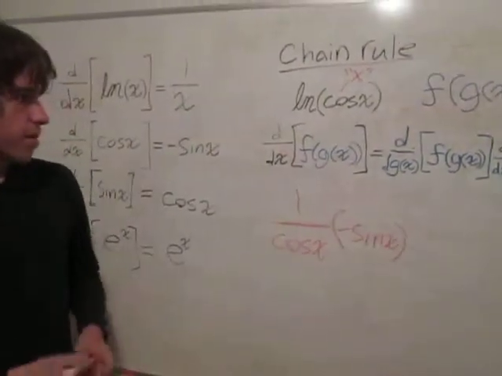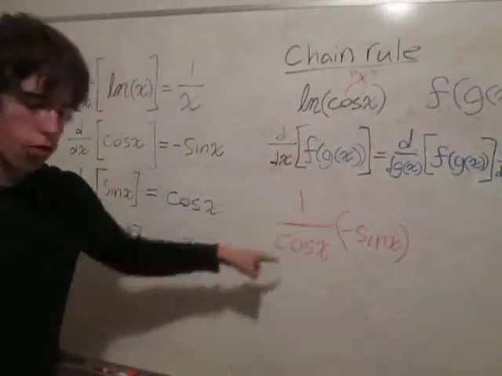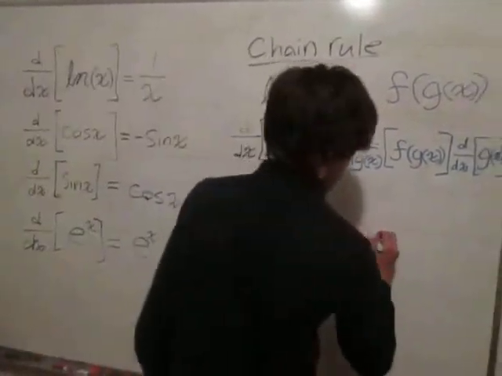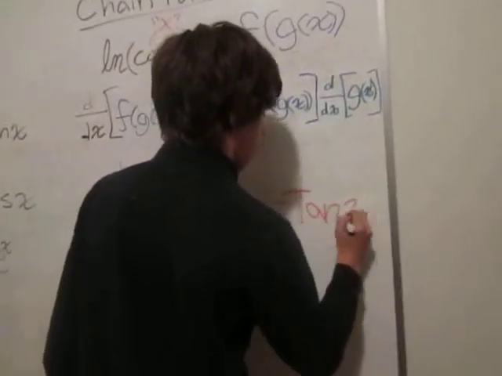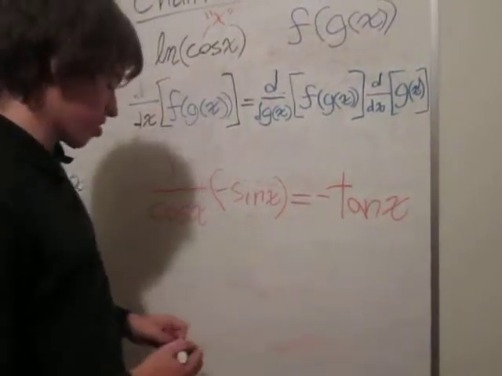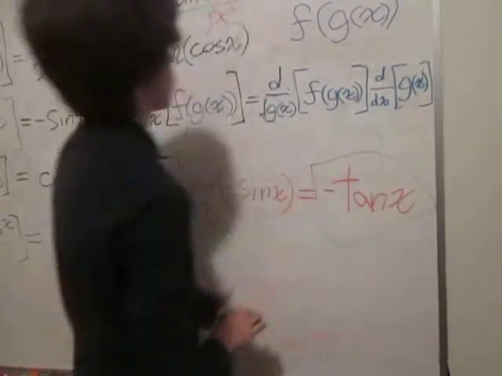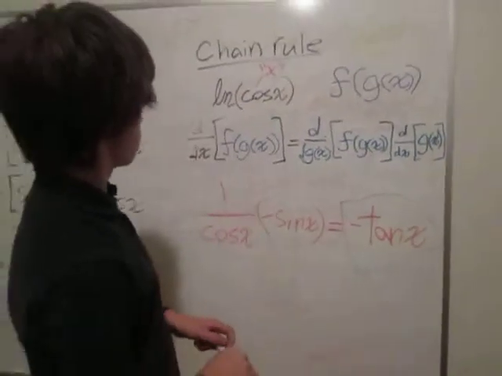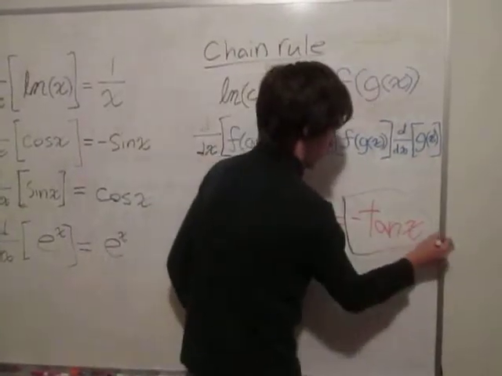And this can be evaluated easily, right? This is negative sine of x over cosine of x is equal to the negative tangent of x, or if x is an angle, the ratio of the opposite side to the adjacent one. Did I make any mistakes? Let me see. Nope. This is our derivative by the chain rule.